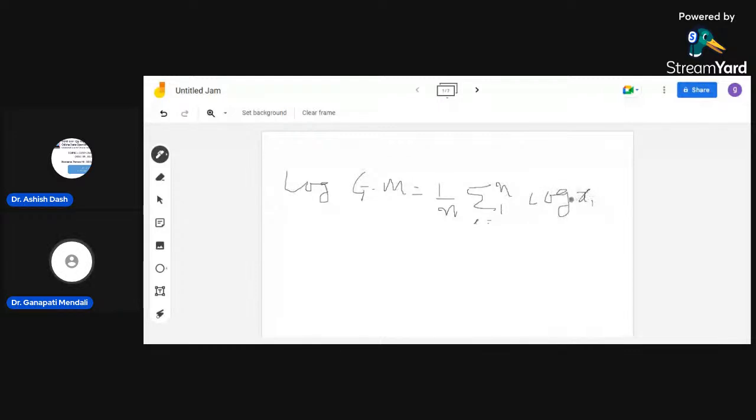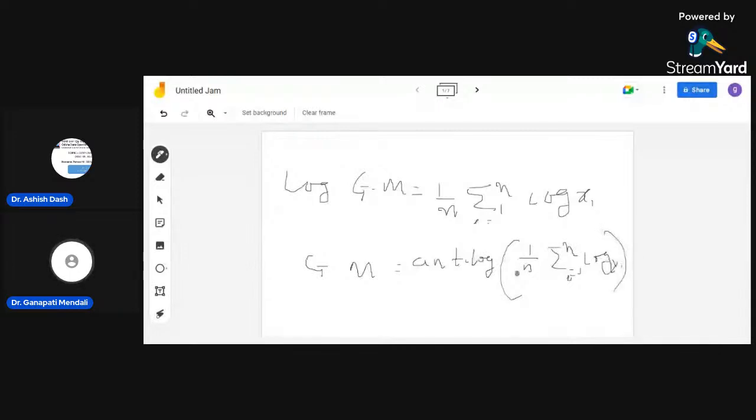But if we want to know the geometric mean, then we take the antilog. So geometric mean is equal to antilog of 1 by n, summation i from 1 to n, log xi. This is the formula.